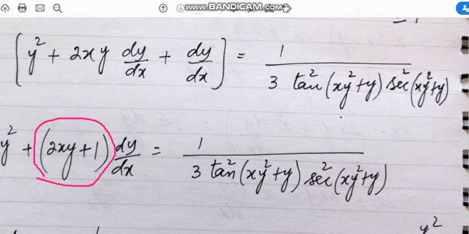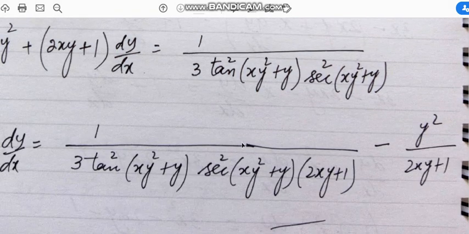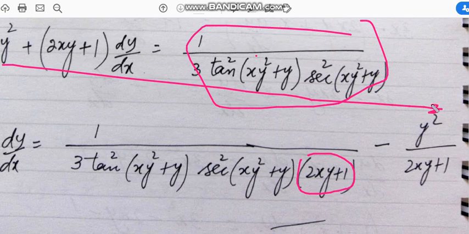And here I have written that this term divided by 2x plus y, and then when we shifted this y square towards this side, then this y square again divided by 2x plus y.